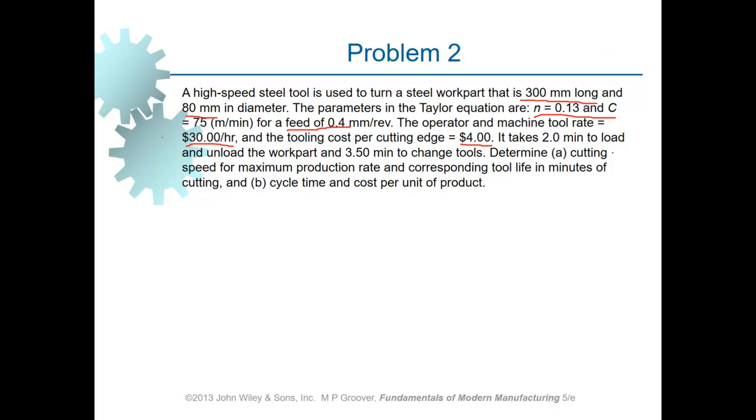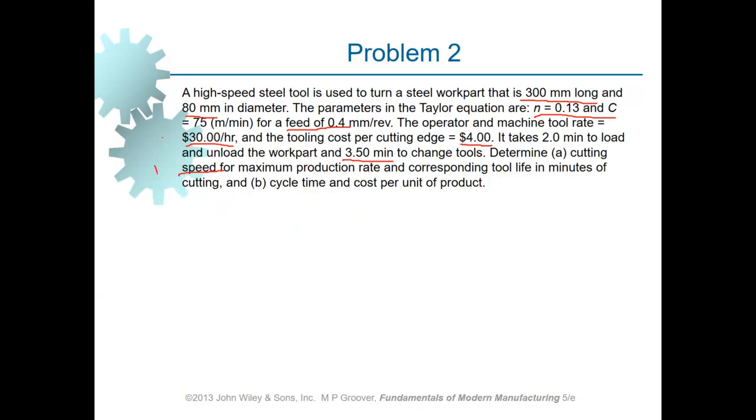It takes 2 minutes to load and unload the workpiece. TH, the time for loading and unloading, is given, that is equal to 3.5 minutes. 3.5 minutes is the time for loading and unloading of the workpiece after the part is produced. In part A, we are to determine the cutting speed, or V.